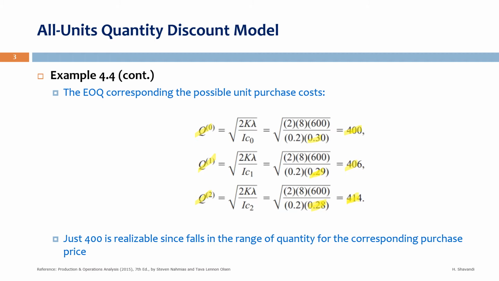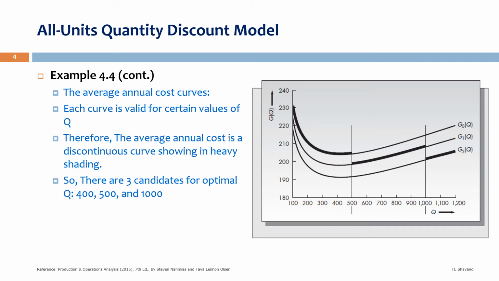So what should we do in this situation? We can say the average total cost for our inventory system for every quantity interval, with its corresponding unit purchase price, would be the shaded curves, as you see here.